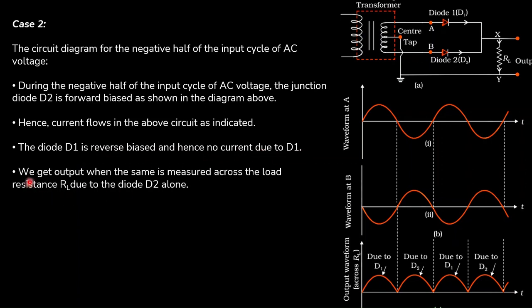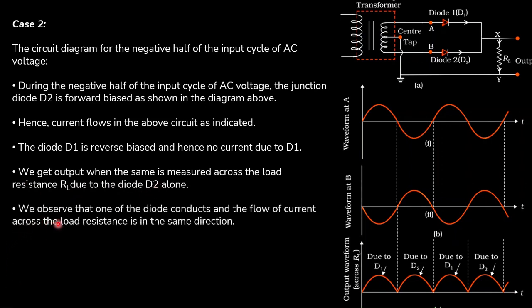So we get an output across the load resistance due to only diode D2. So we observe that one of the diodes conducts and the flow of current across the load resistance is in the same direction.